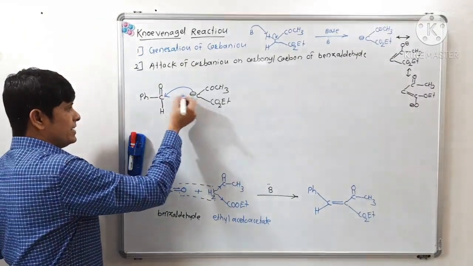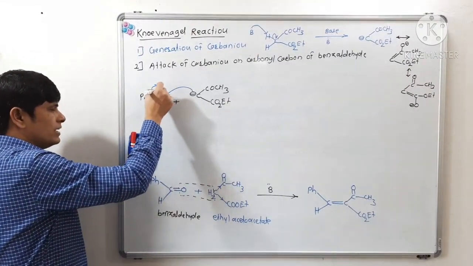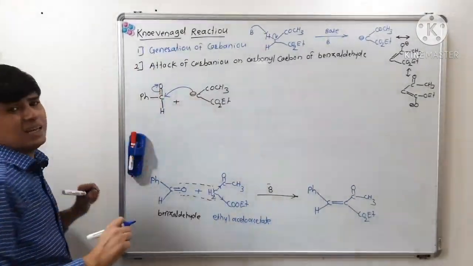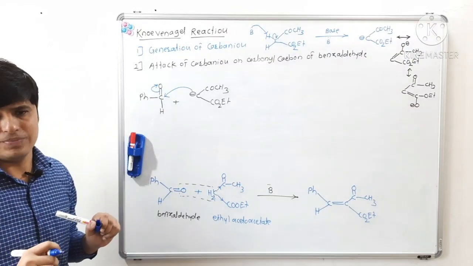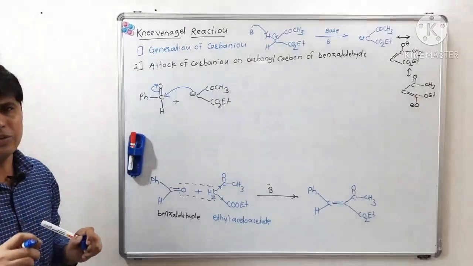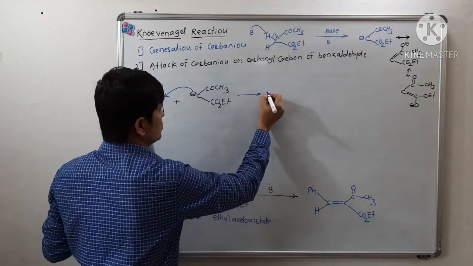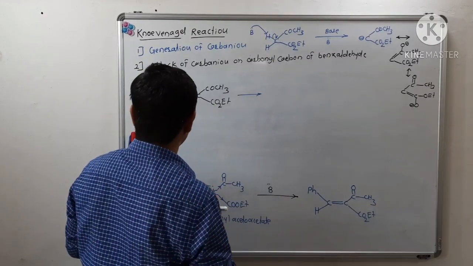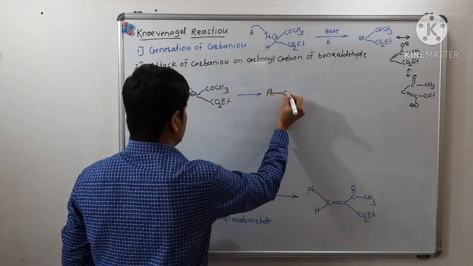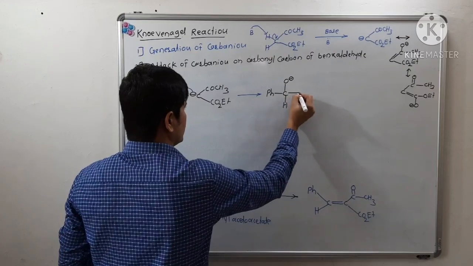When this carbanion attacks the carbonyl carbon of benzaldehyde, there will be a shifting of pi bonding electron density between the carbon-oxygen double bond towards the electronegative oxygen atom. Isn't it? And what you will get? There will be a formation of a new carbon-carbon bond.